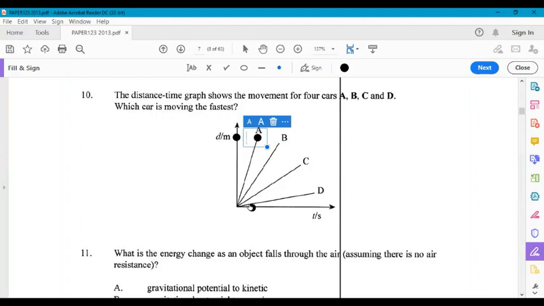This one here, we have a short amount of distance covered, so it didn't go very far, and it took very long to do that. So this would be the slowest speed right there. Steeper the slope, the greater the speed for a distance time graph. So our answer is A.